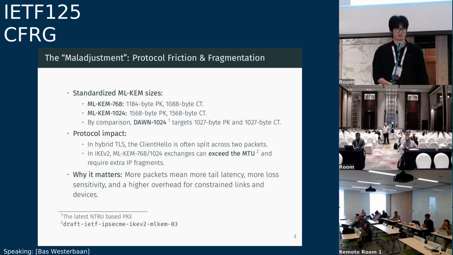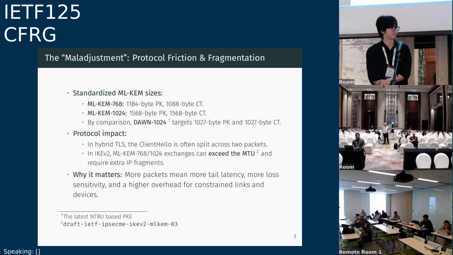So the question is, is a 768 variant of Dawn possible? For now, I say no. It's hard to choose the third security level parameter of Dawn or of some Knife or NTRU PKE.